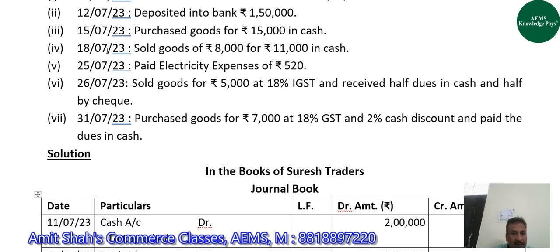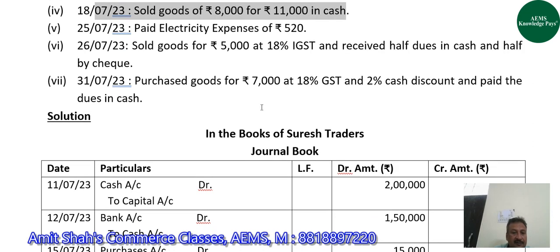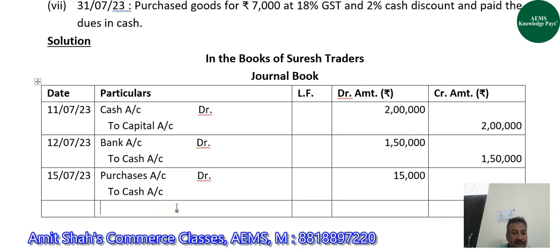Then on 18th July, we have sold goods of rupees 8,000 for rupees 11,000 in cash. What will we do, Aditya, for this? Cash account debit to sales account.